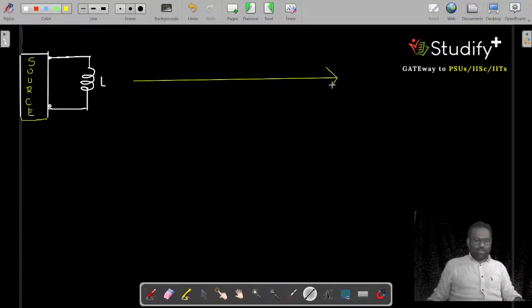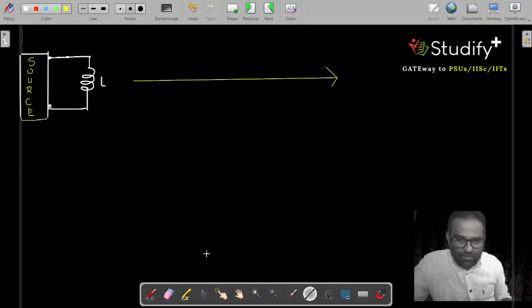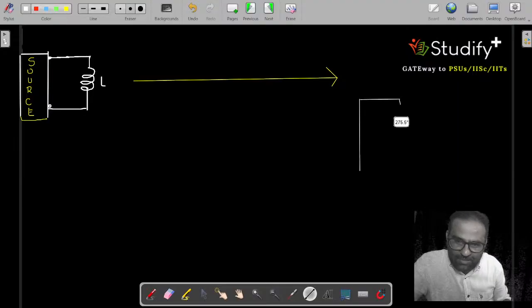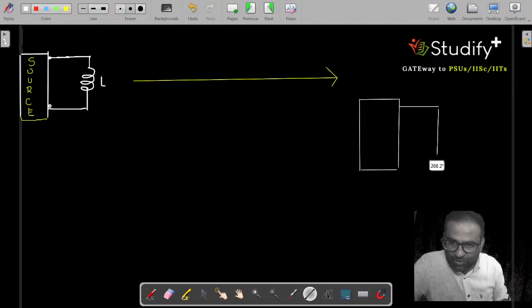Then you can measure the stored current in the inductor by replacing it with a short circuit. This is your source, and you want to calculate how much current is flowing across the inductor, so you can measure it by replacing it with a short circuit.